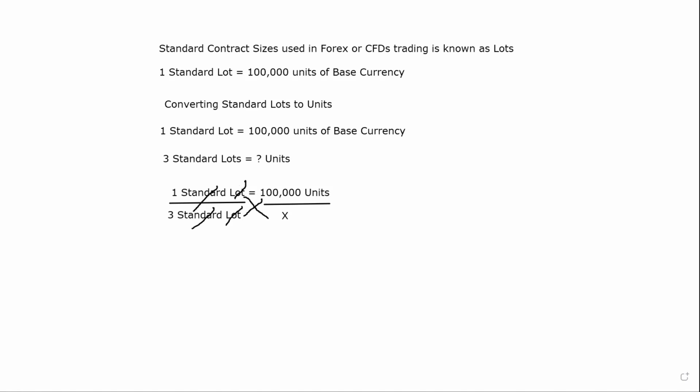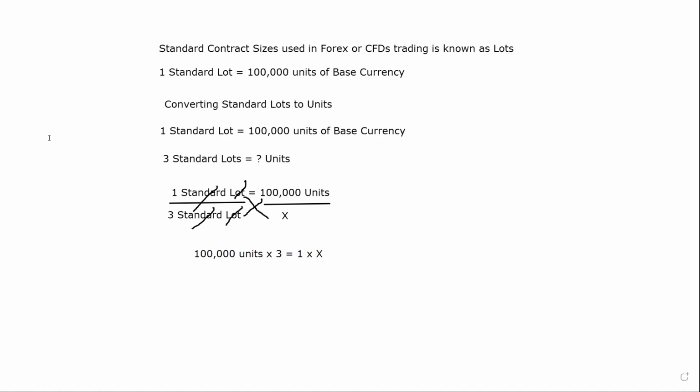Once we cross multiply, we get the answer of 100,000 into 3. So this is what we got.